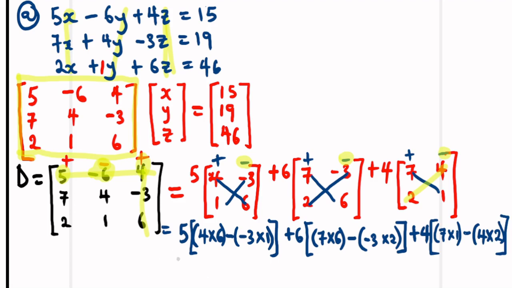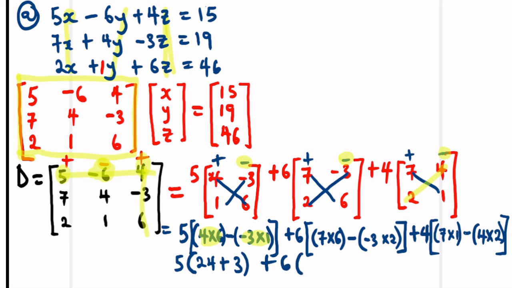Now we have to simplify this. Here we have 5 in a bracket, then 4 times 6, which is 24. Then minus 3 times 1 is minus 3, and minus times this minus gives us plus 3. We close this bracket, then we have plus 6.